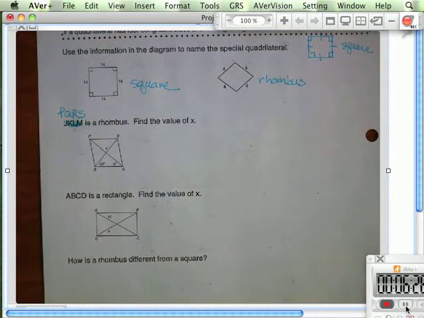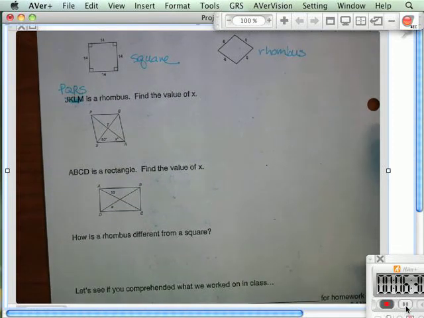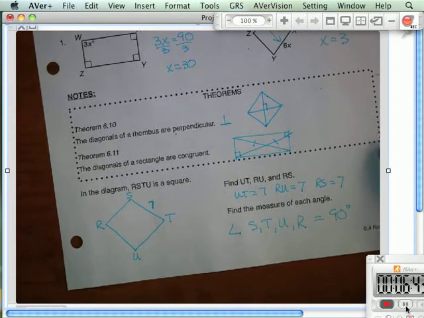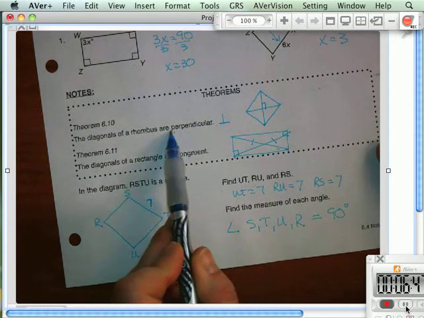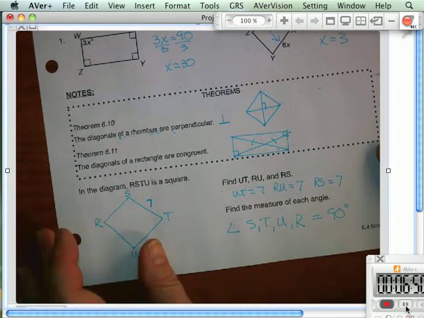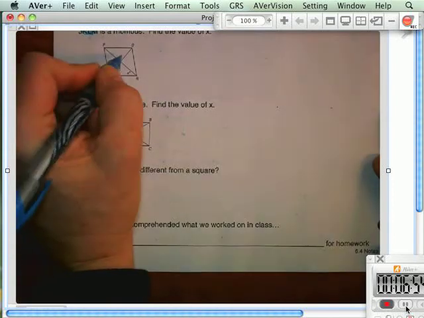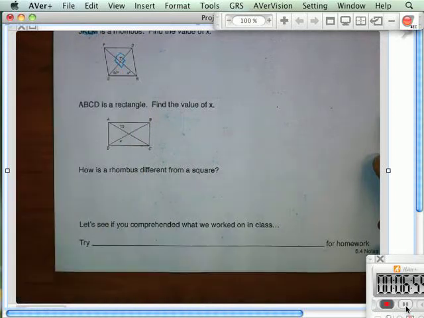Find the value of X. What 2 things do you know about a rhombus? What 2 things do we know? Let's flip it over and see. Oh, we know 4 sides are equal, but what else do we know? Perpendicular, which form what kind of angles? Okay, so I know then if this is a rhombus that this is a right angle, this is a right angle, this is a right angle, and that's a right angle, correct?